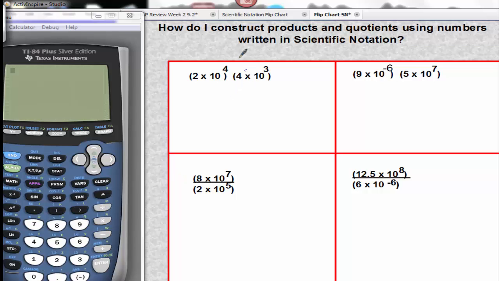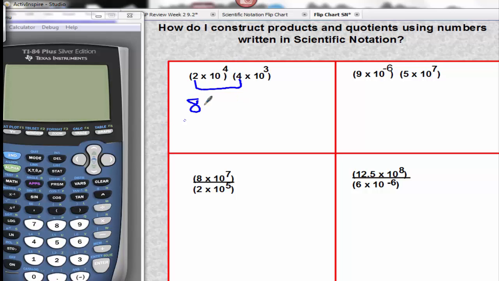When I look at this first one, in adding and subtracting, if the exponents weren't the same, we had to do some extra work. Well, in this case, when you're dealing with multiplication and dividing, it really makes it a lot easier. I'm going to multiply my leading factors, 2 times 4, and that's going to give me 8.